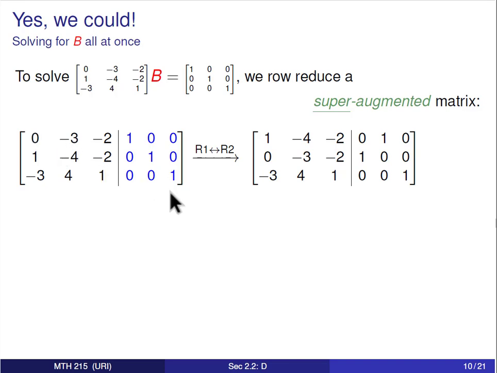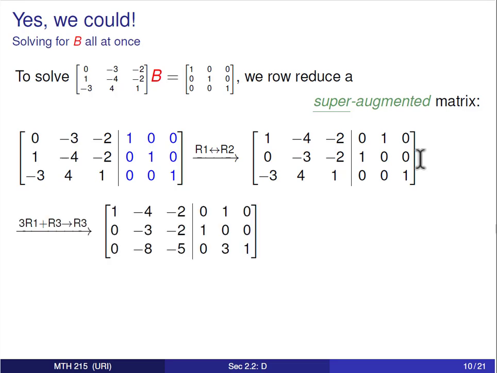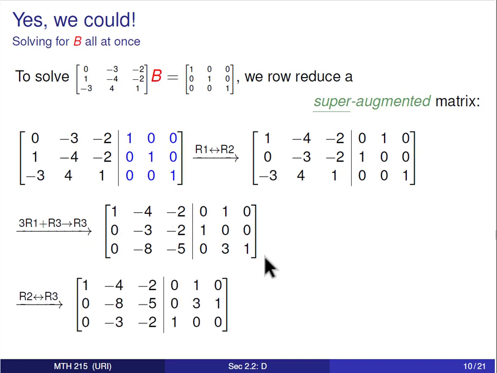If I do have all 3 of those columns there, then in my first row operation, I'm going to switch the entries in those first 2 rows as I normally would. Doing the next row operation we had should give you this matrix, and switching row 2 and row 3 for that little bit of cleverness with the -3 and the -8.